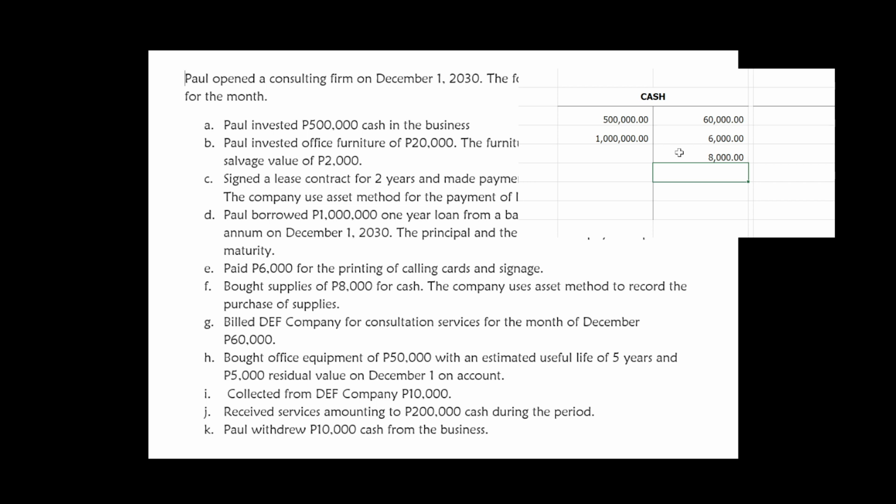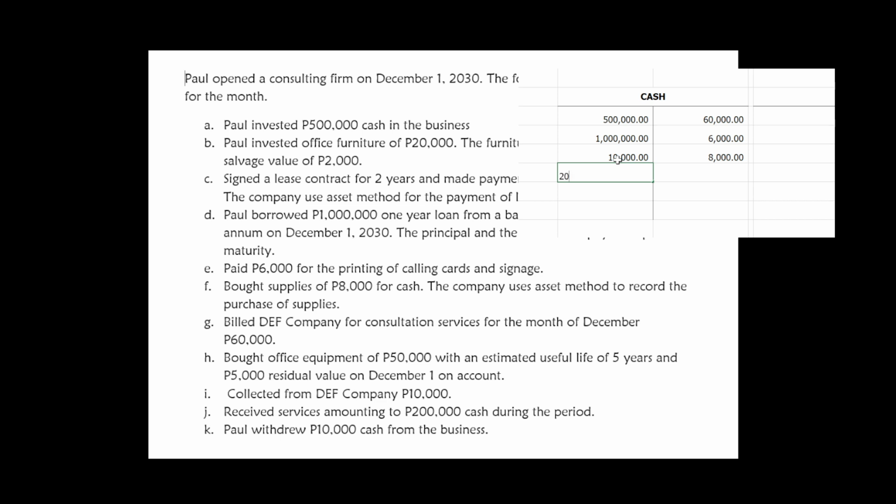And then, billed company for consultation services. Walang cash involved. Next, bought office equipment on account. Walang cash involved. Letter I, collected from DEF. So, collected, ibig sabihin nakakuha tayo ng cash. Naka-receive tayo ng cash. Next, J, receive services amounting to 200,000 cash during the period.